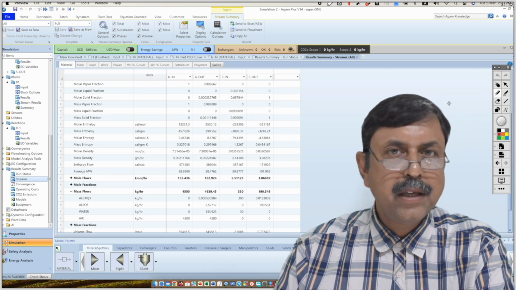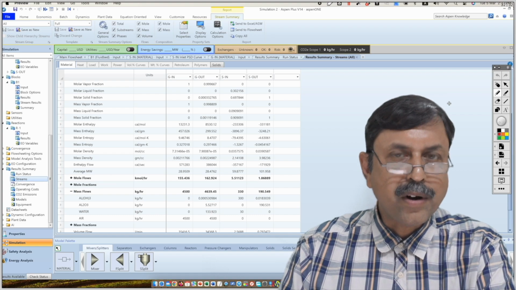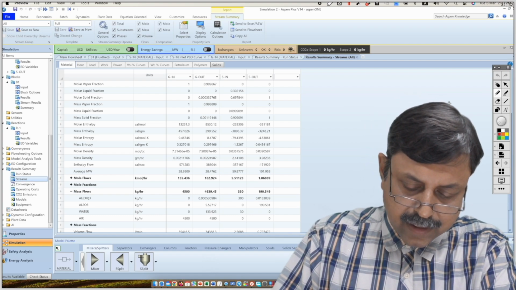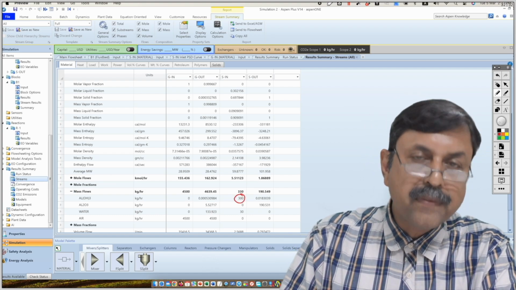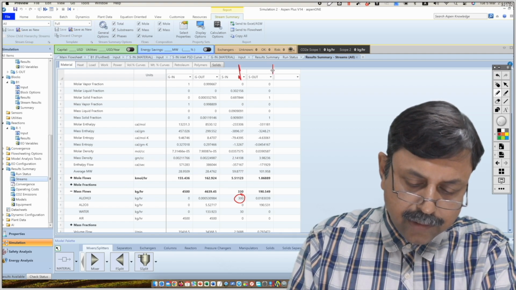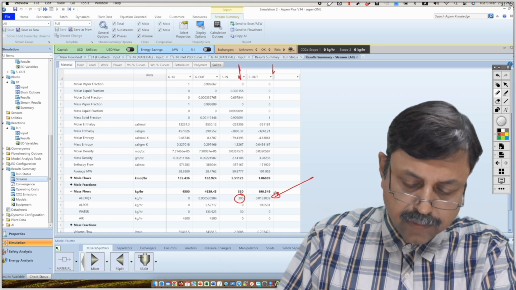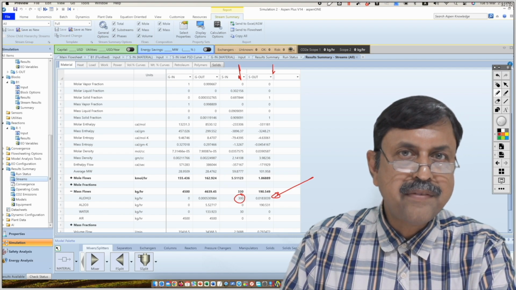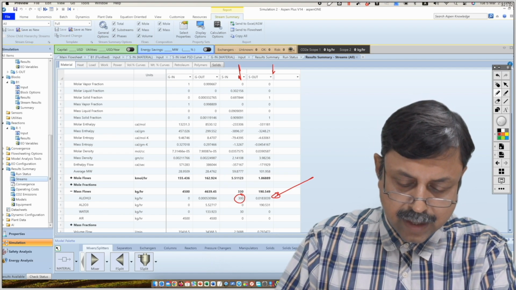Now here you can find the reaction has occurred. You had given 300 kg per hour of aluminium hydroxide through solid in, and in solid out, you see how much aluminium hydroxide is left? Almost nothing.